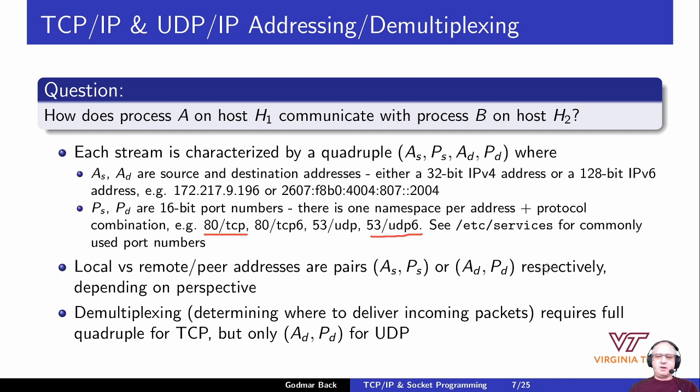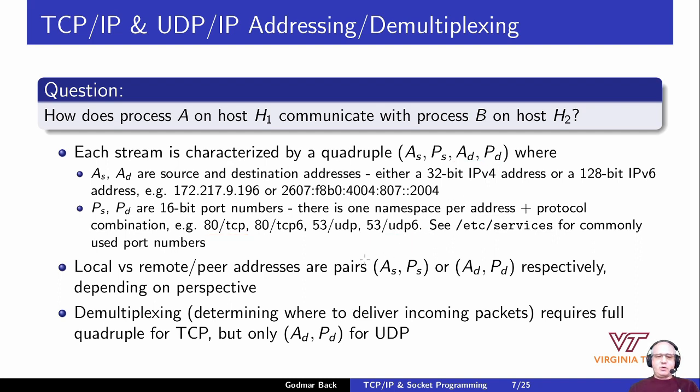And more specifically, in the case of UDP, it is only the destination address and the destination port that is used. However, in the case of TCP, which supports multiple connections leading to the same destination address and destination port, it is necessary to use the entire quadruple.